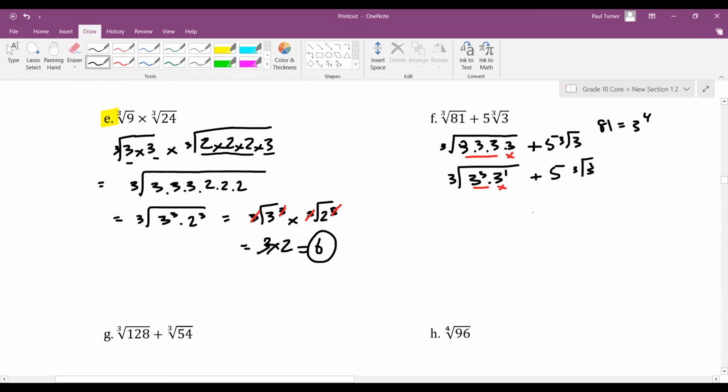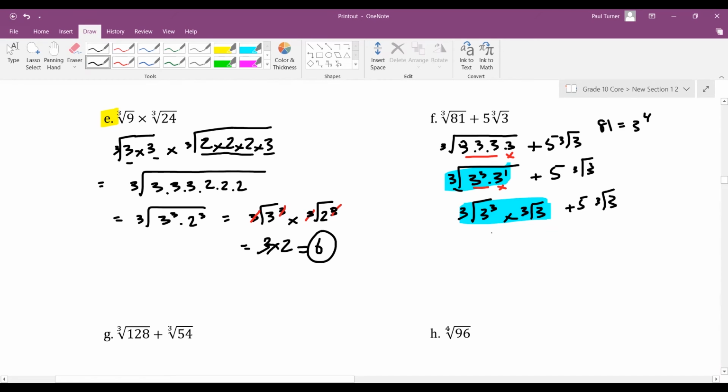So this one's a little bit harder, okay? So cube root of 3 cubed times cube root of 3. So this has been split to this here, like that, and add the last one again, cube root 3.